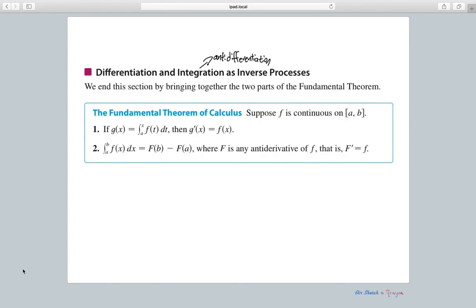So part 1 just establishes that an integral is the inverse of a derivative. And then part 2 shows us how to deal with definite integrals, where your upper and lower limit of integration are constants.